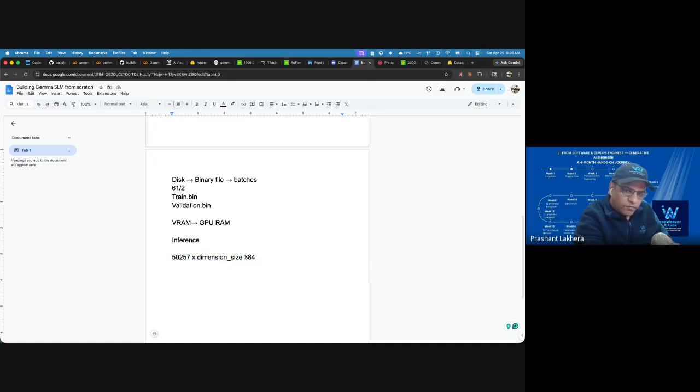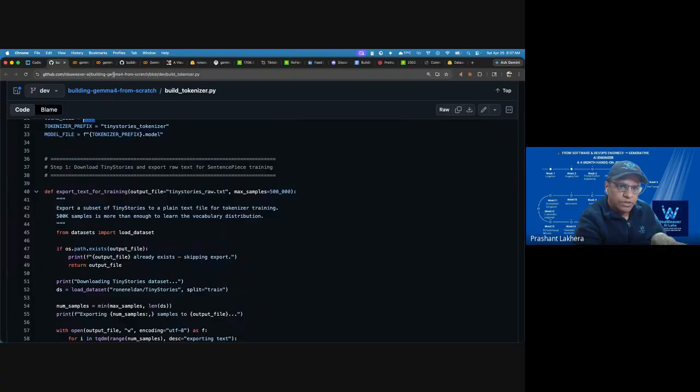On top of this, it is also going to count in my parameter size. So 50257 times 384, just for the sake of discussion, if this is the dimension size. And for those of you who don't understand dimension, we are going to talk about that. This is going to count as the parameter size.